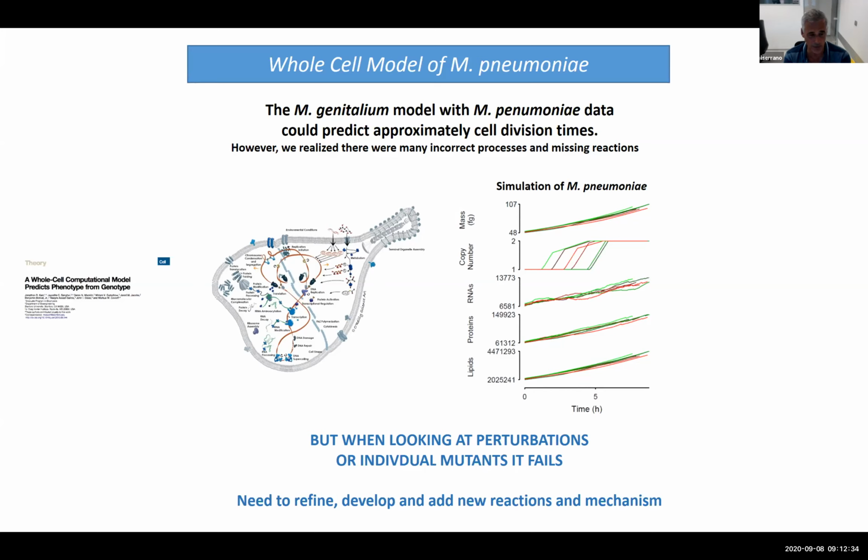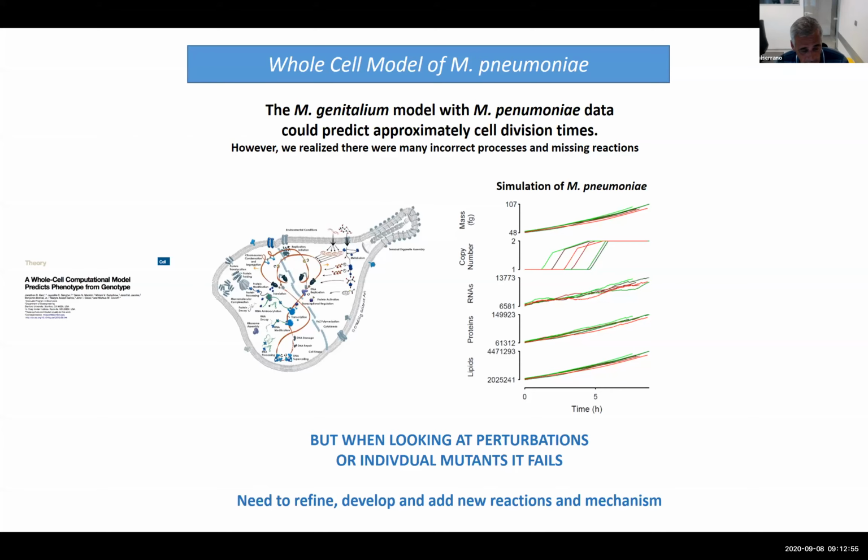One reason could be the mathematics, that perhaps the way we are representing the whole cell model is not perfect, integration time, etc. And the other, probably most probable reason is that we don't have yet enough knowledge to model everything at the level we should model, no?